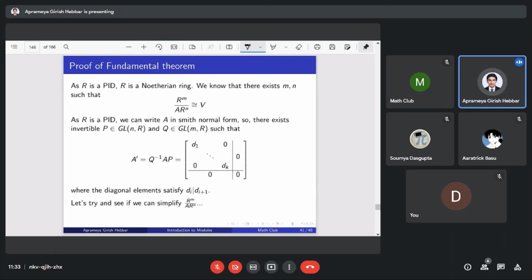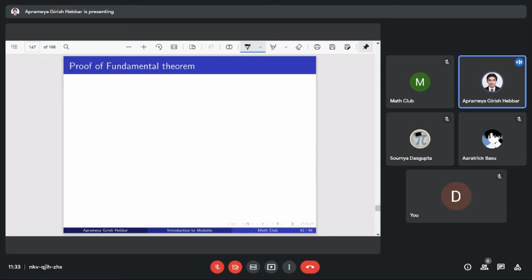In order to get these d_i's to come there, we need to simplify this whole isomorphism that we got. So let's try to see if by replacing A with Q inverse A, we get the same module.